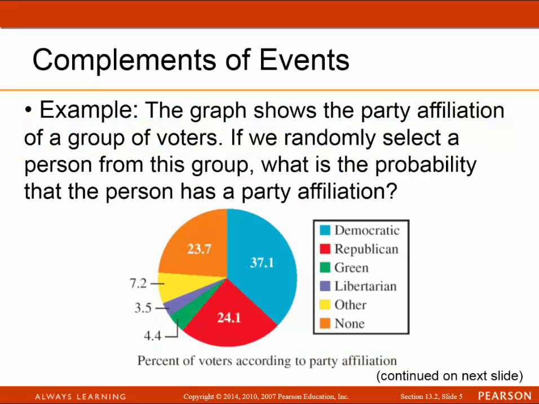Here the graph shows party affiliation of a group of voters. If we randomly select a person from this group, what is the probability that the person has a party affiliation? Here we can see that we have about 6 different categories: Democratic, Republican, Green, Libertarian, Other, and None. The easiest way to calculate this is to use the complement of party affiliation, which is no party affiliation.